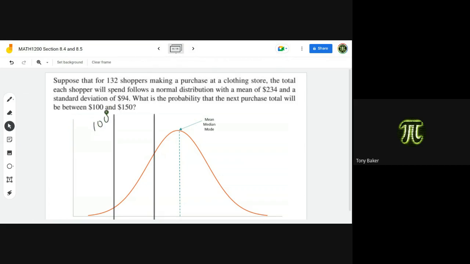So 100 and 150. 34 divided by 94. Oh wait, hold on. I did it backwards. I'm so used to writing the bigger number first.